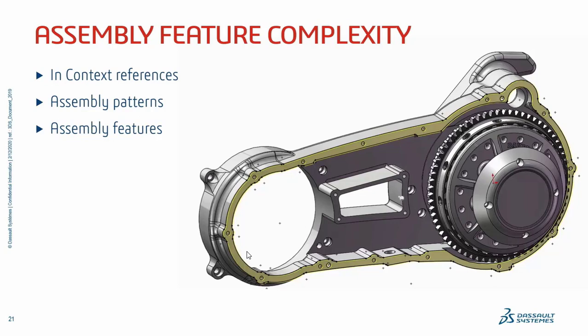The binding will take time to utilize those data to process. So assembly feature complexity you have to use wisely. Assembly patterns and assembly features also take time to rebuild at the assembly stage, because when you open the file, those features also will rebuild to give you accurate data.